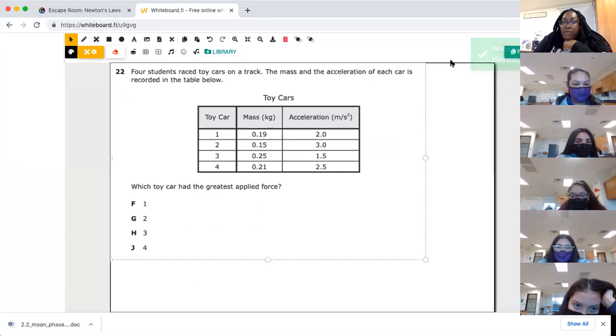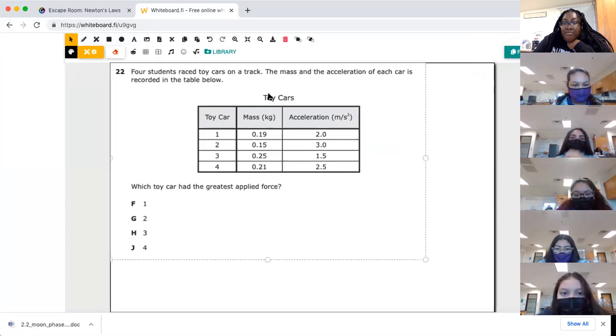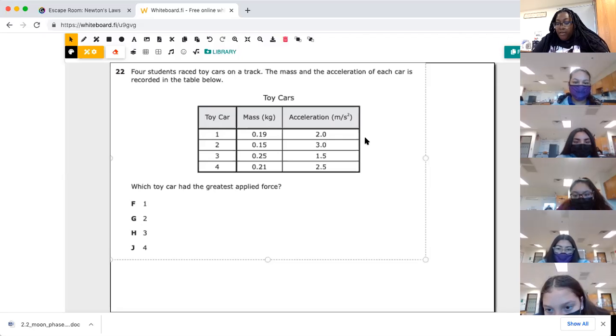All right, I just pushed another question to you. It says 4 students race toy cars on a track. The mass and the acceleration for each car is recorded in the table below. Which toy car had the greatest applied force? I'm going to give you 2 minutes to calculate.